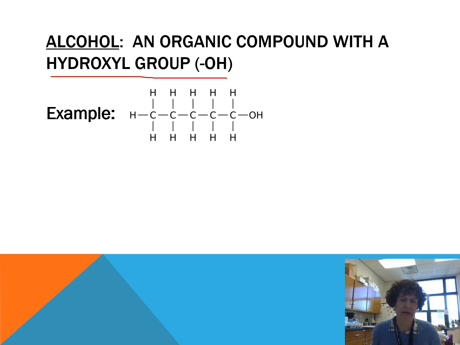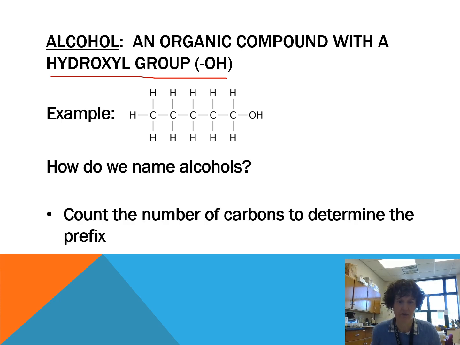What do you think we're going to have to figure out first before we can finish naming it? Yeah, we're going to have to figure out how many carbons we've got, right? So 1, 2, 3, 4, 5 carbons. The prefix for 5 carbons is, that's right, pent. All right, so to name an alcohol, just like with an alkane, you're going to count your number of carbons to determine your prefix. So we just said pent.